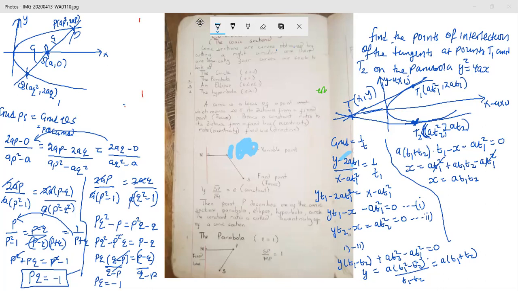Then the coordinates would become a t1 t2 and a into t1 plus t2. And that would be your answer for capital T. Unless someone has a question on that.